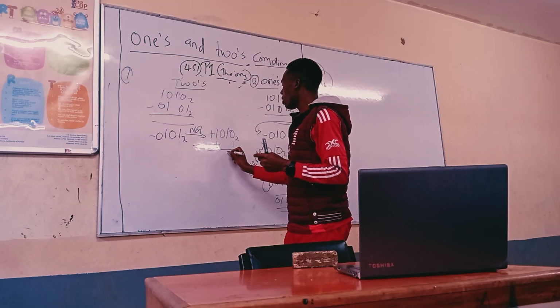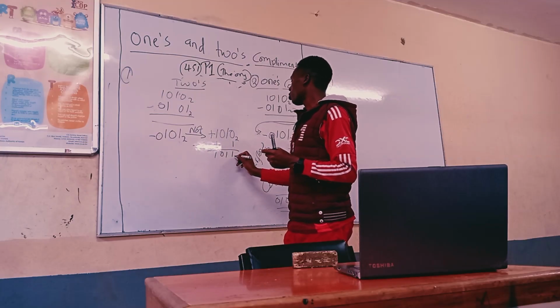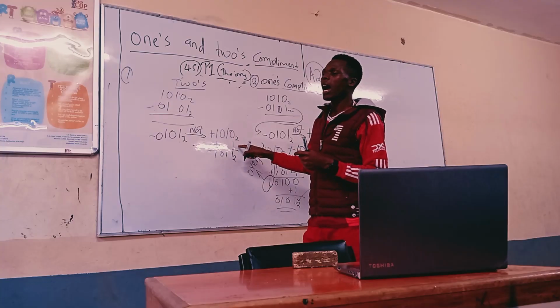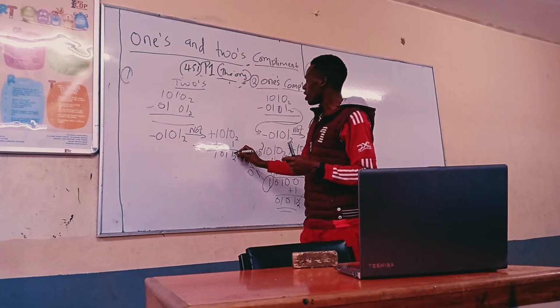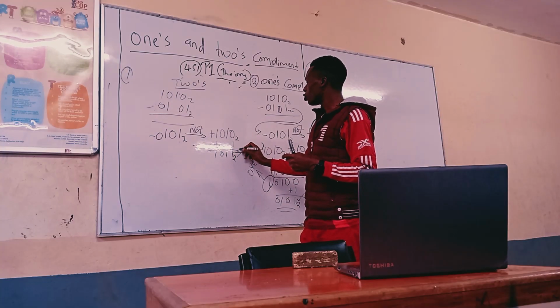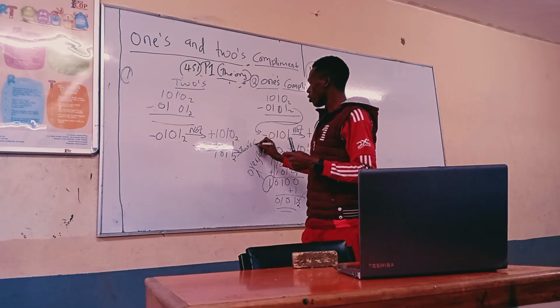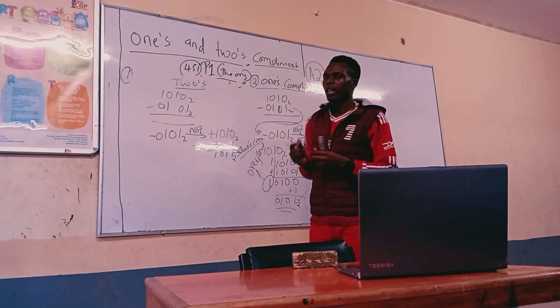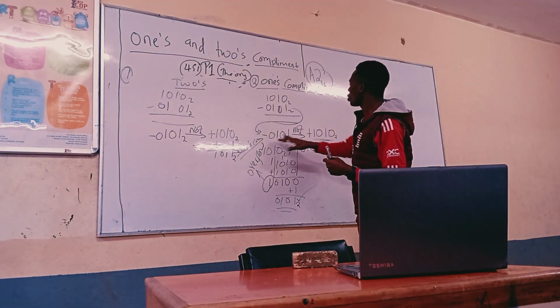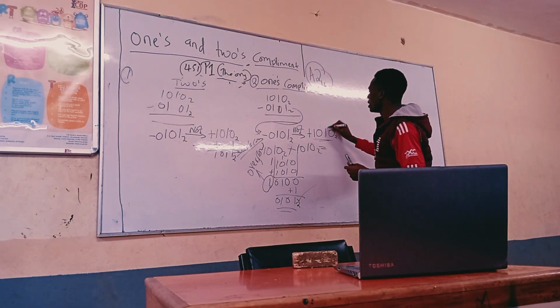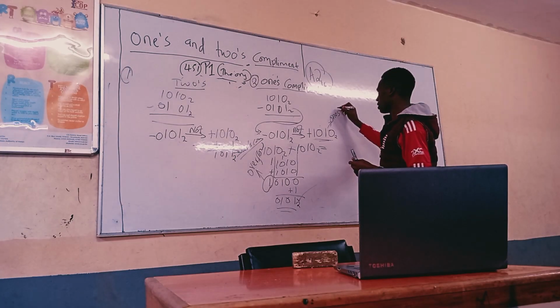Now when you add 1, that is 10, that one. So why are we adding 1? So that now we can convert this answer to 2's complement. Remember, we did a not to this one, and this one became our 1's complement.